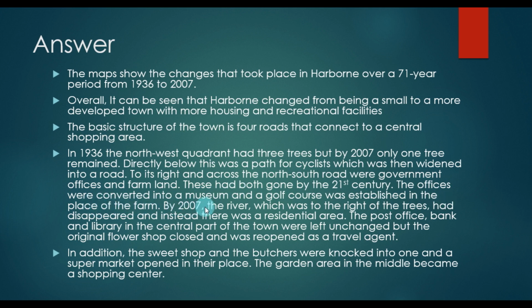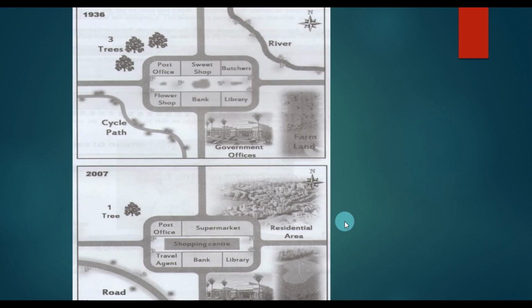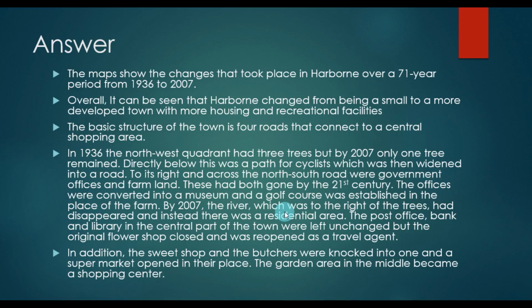By 2007, the river, which was to the right of the trees, had disappeared, and instead there was a residential area. Here is a river; it disappeared and is now changed into a residential area.